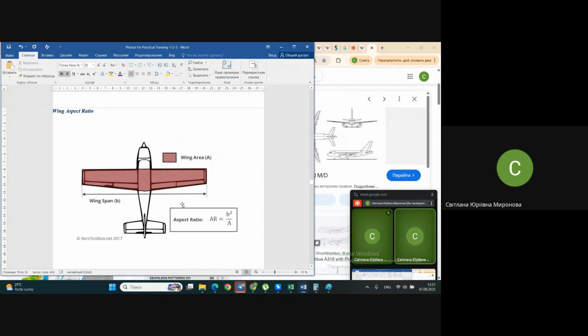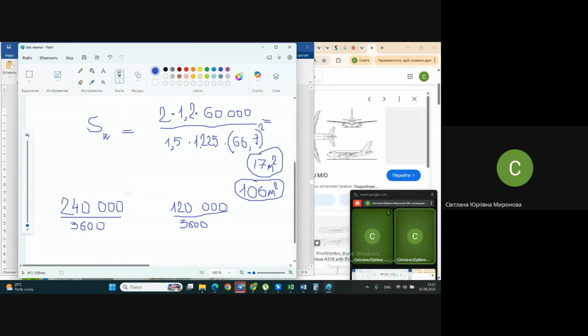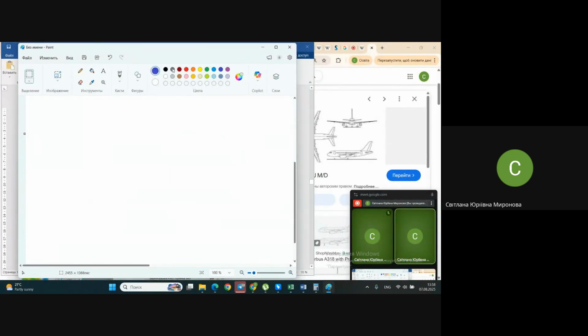But what if your wing is not straight? How to calculate? Let me once again show you. All this we delete. We don't need it. When it comes to a straight wing, everything is very simple.